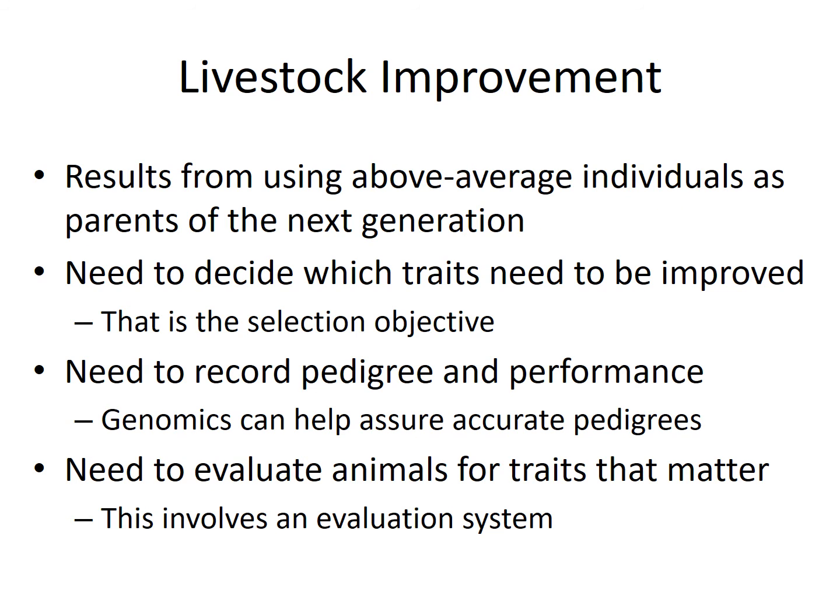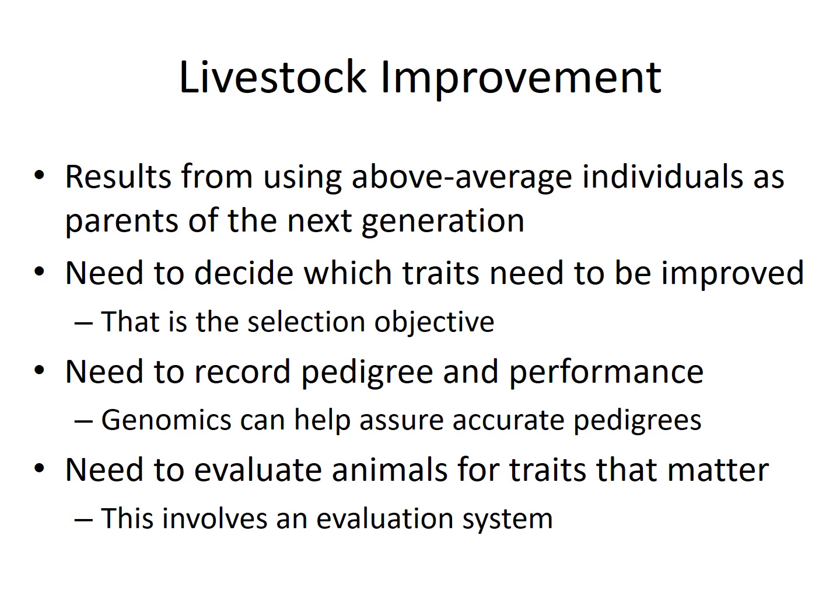Livestock improvement results from using above average individuals as parents of the next generation. And in order to do that, we need to decide which traits need to be improved. That's what we refer to as the selection objective. And typically, there will be a portfolio of traits that will be simultaneously important to us in selection.